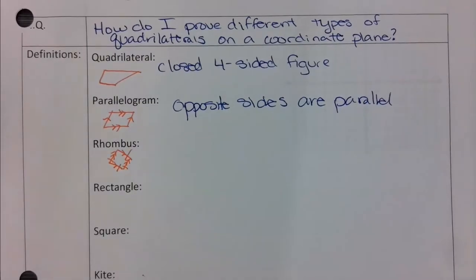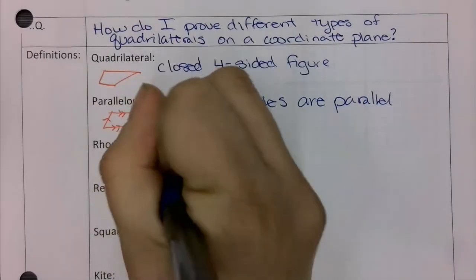Okay, so then we have a rhombus. This is a parallelogram with four congruent sides.